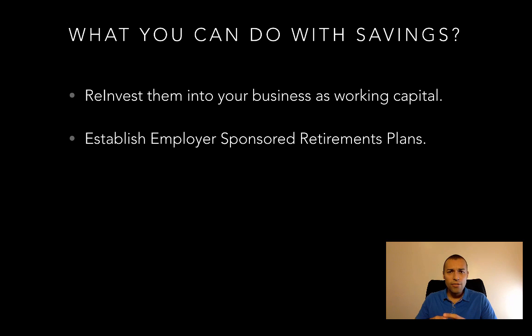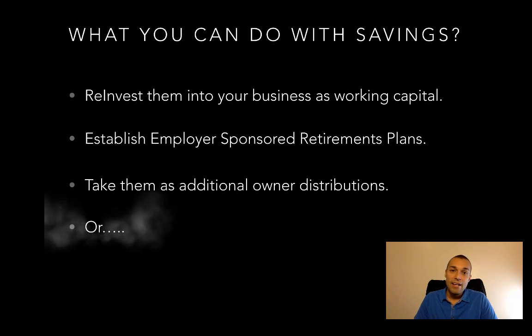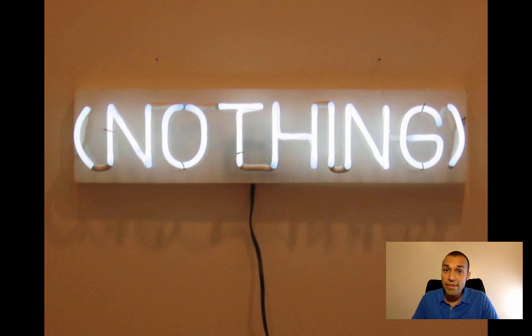So a lot of opportunity to save money on taxes and then turn around and use that for your benefit. You can take them as additional owner distributions. If you just want to pull them as draws and distributions to yourself, that's absolutely fine. I would work with your tax pro on how to properly do that. Or you can do a whole bunch of nothing. You can just sit on it and let it grow at 0.1% in your savings account. That's absolutely fine.